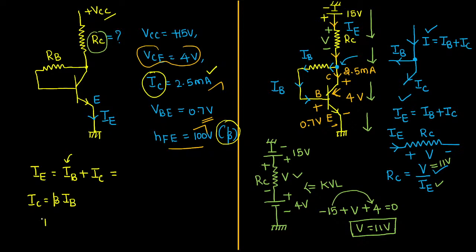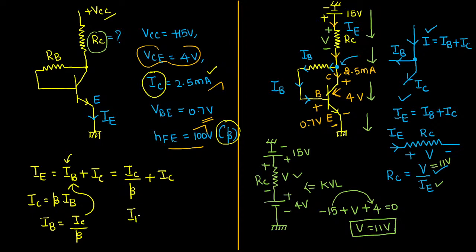From this, base current IB equals collector current IC by beta. So we can substitute this relation here: IB will be replaced by IC by beta, plus collector current IC.